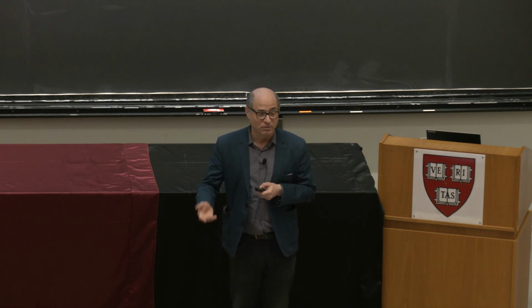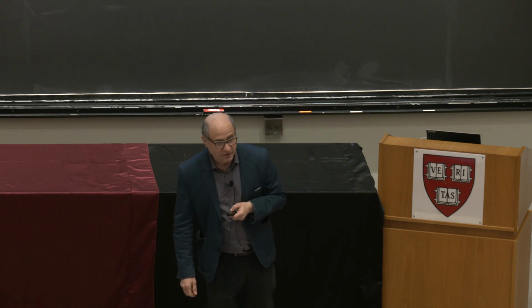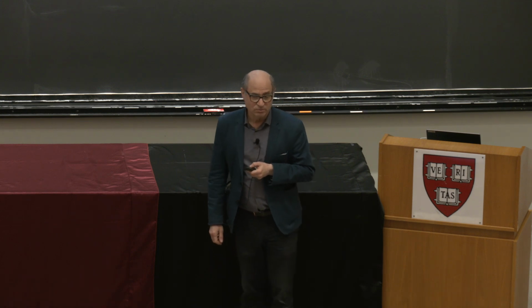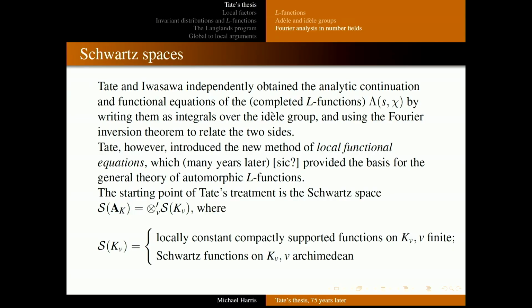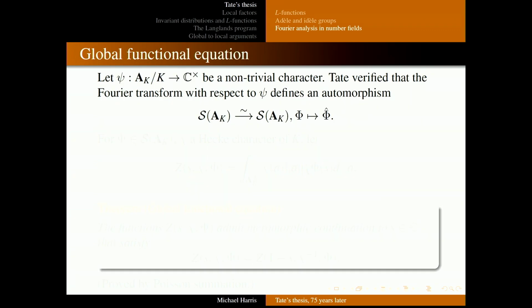And in fact, I don't even know whether Iwasawa was working in this language or not. This is Schwartz. The relevant property of these spaces is that they are preserved by the Fourier transform. So now, in most of this theory, you need to choose an additive character, that is to say, a non-trivial character of the Adeles modulo principal Adeles.